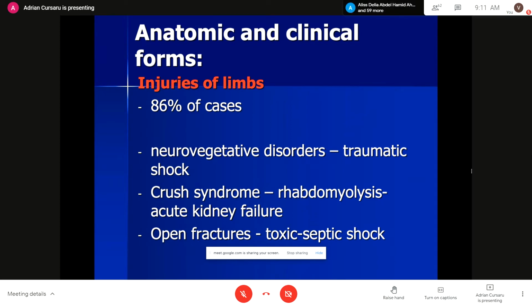Other kinds of complications could appear in open fractures. We have a classification that we are using for open fractures.